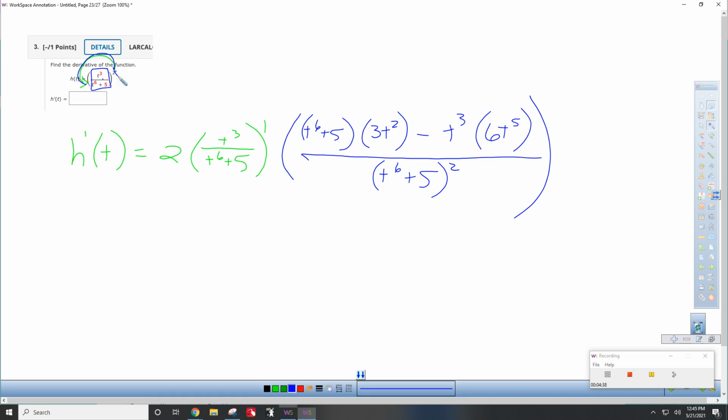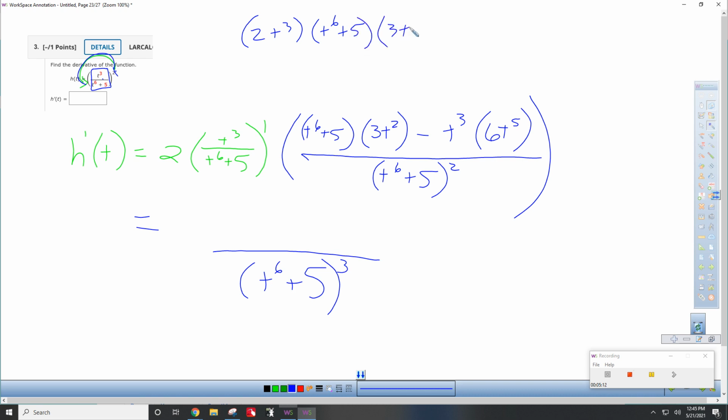So what the heck do you get for this? Well, on the bottom, I think we're going to get t to the 6 plus 5 cubed. On the top, let's see, it's basically 2t cubed times t to the 6 plus 5 times 3t squared minus, and then I'll just do this real quick, 6t to the 8th. So then let's just combine these.